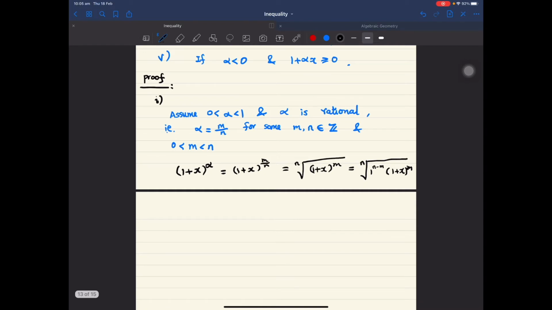And notice that this is the geometric mean.